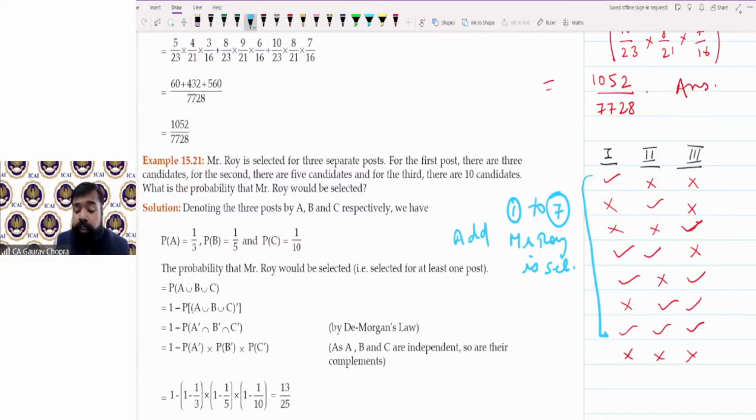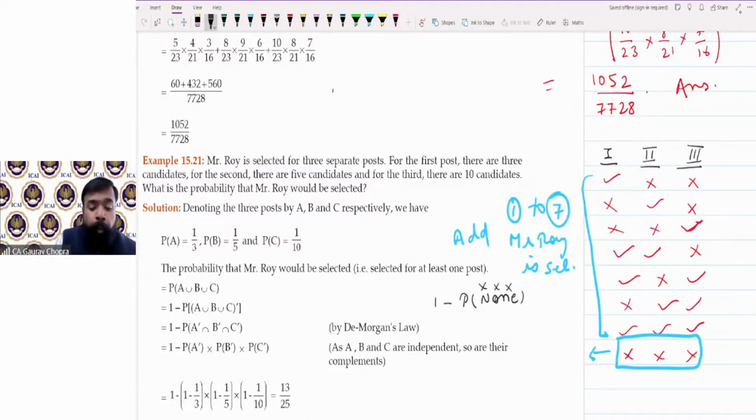So what will be the shortcut method? The last one we don't require, because in the last case, Mr. Roy is not getting selected. Therefore, we have to subtract the last case from 1. So we will write 1 minus probability of none. That means Mr. Roy is not selected at all these 3 positions.